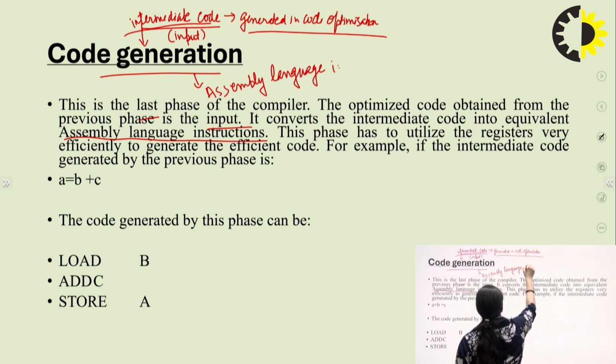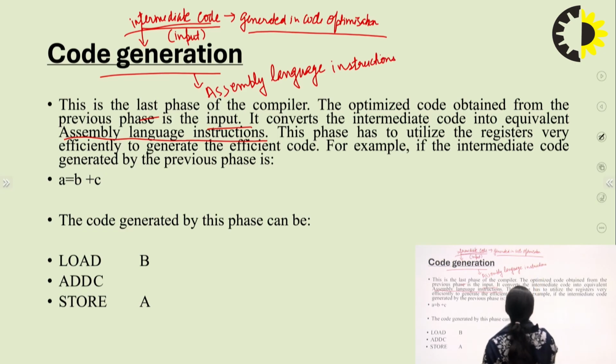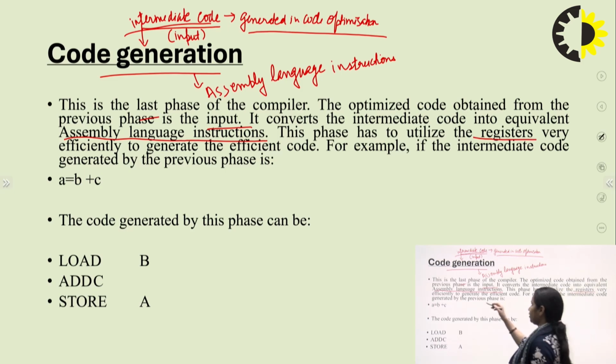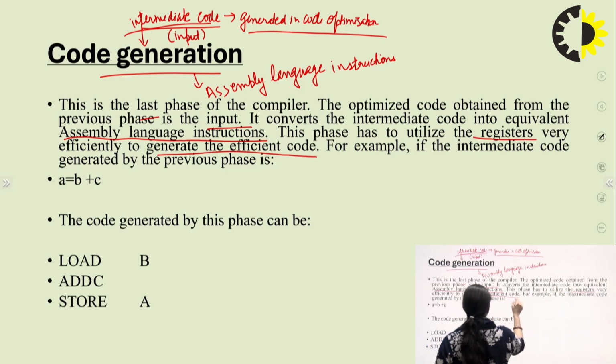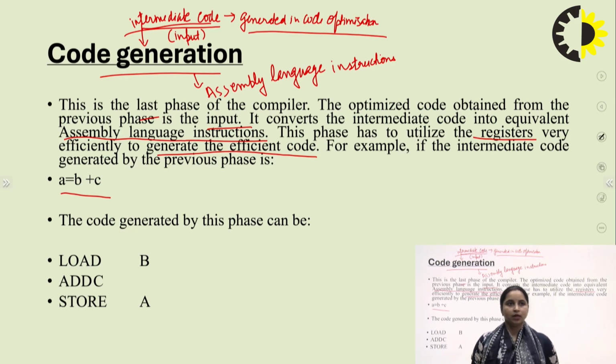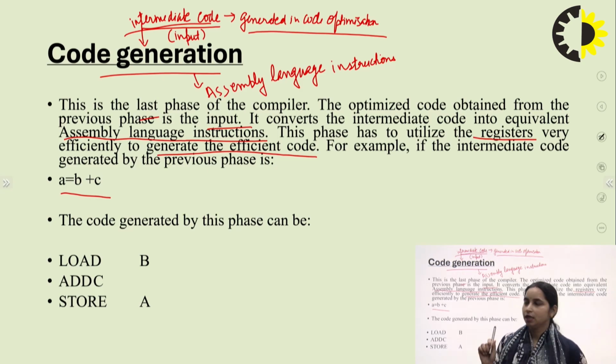So it is converting it into assembly language instructions. This phase has to utilize the registers very efficiently to generate efficient code. Let's take an example: A is equal to B plus C. The intermediate code received from code optimization will be converted into assembly language.